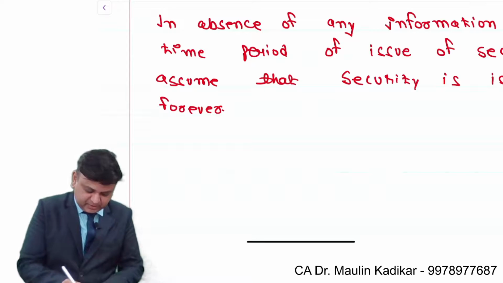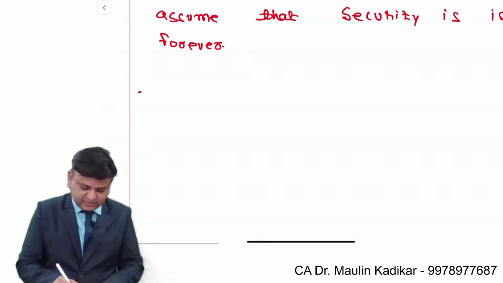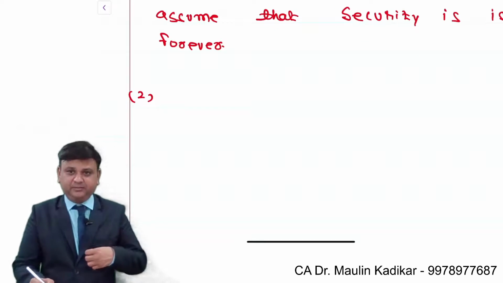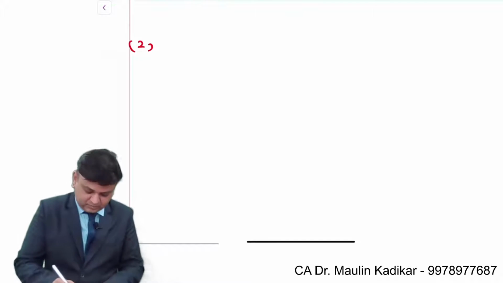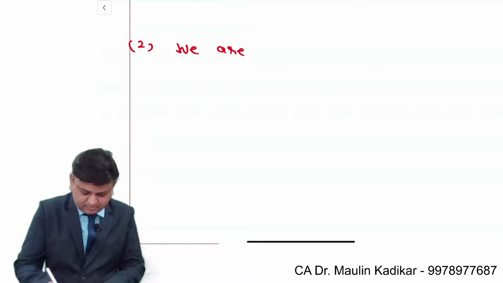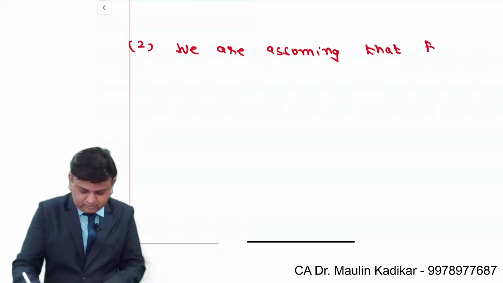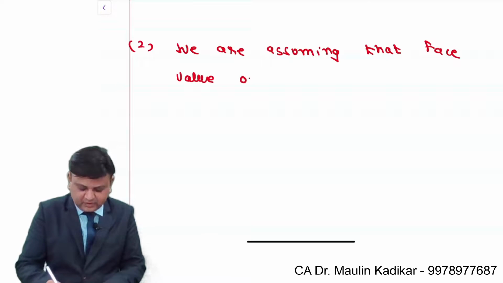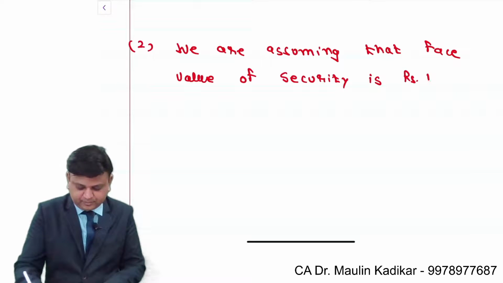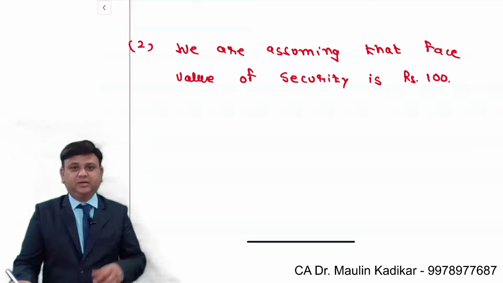Make this as first point. Write on second point before we write the answer properly. We are assuming that face value of the security is rupees 100.